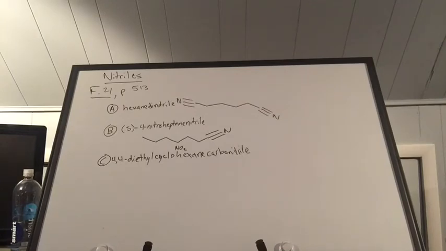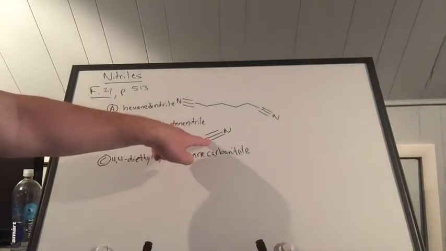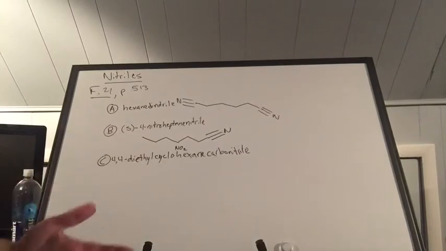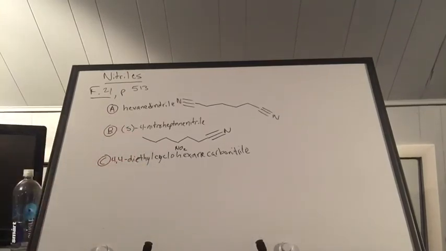So if we're thinking along the lines of tiebreakers, we have 2 methylene groups and then C triple bond N. So that means C is technically singly bound to nitrogen 3 times. So it's going to win the tiebreaker over the propyl group on the other side.